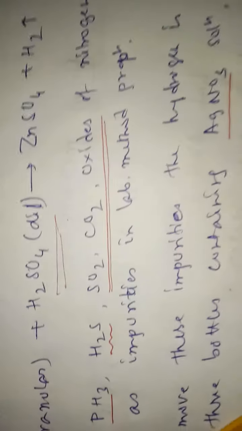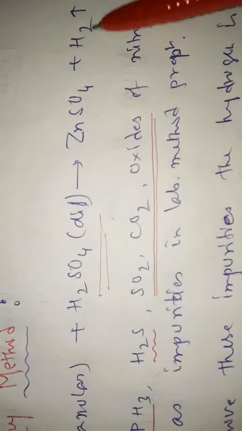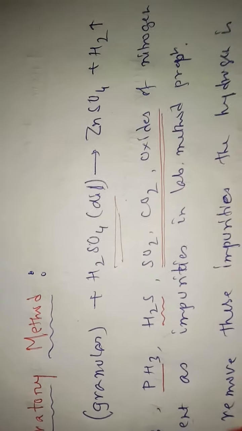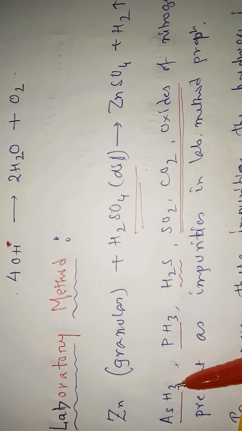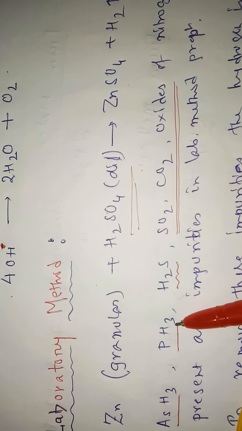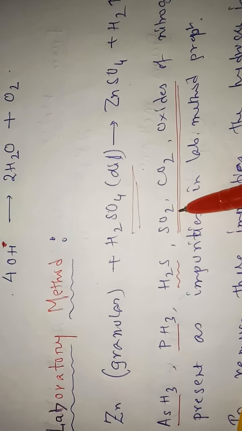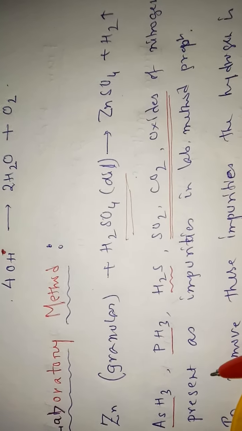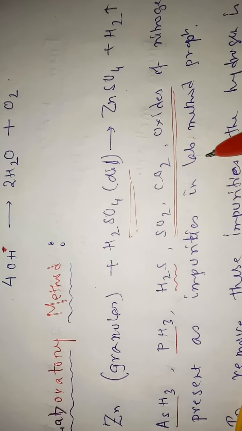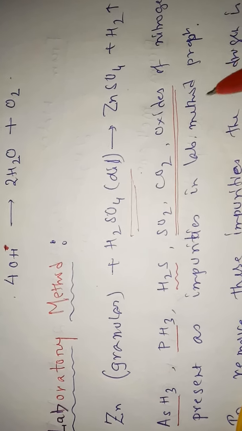The main special thing is that in this preparation of hydrogen, along with those products, we have some impurities. So AsH3, then PH3, H2S, SO2, CO2, oxides of nitrogen are present as impurities in the lab method of preparation.